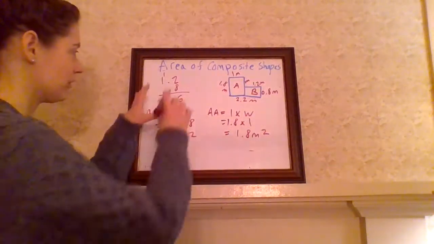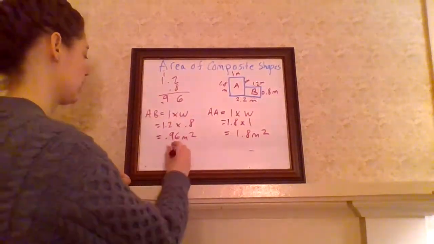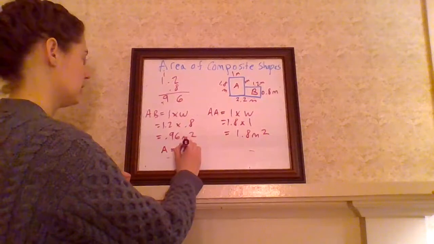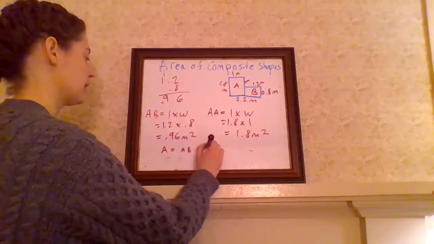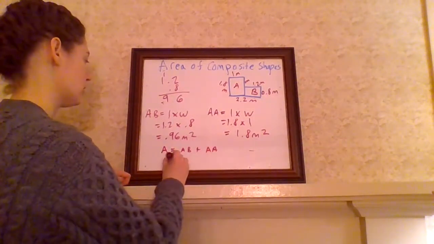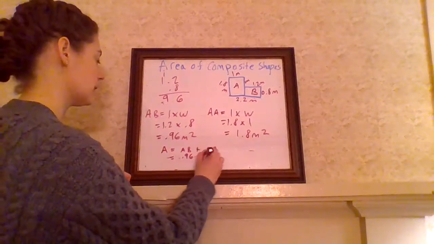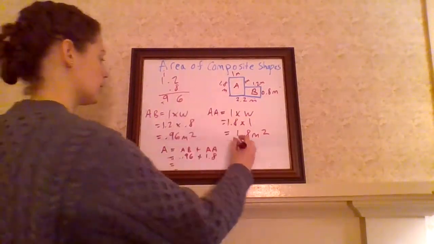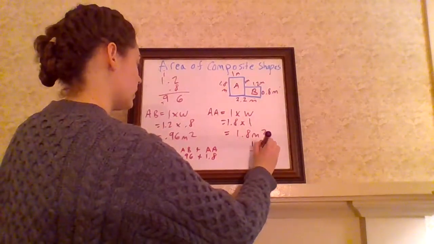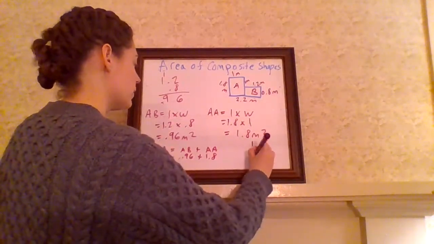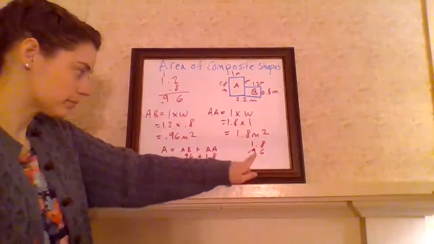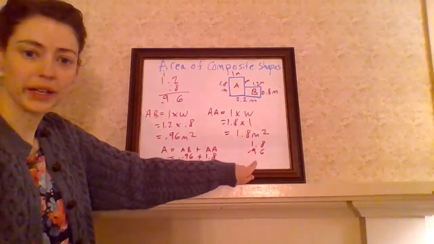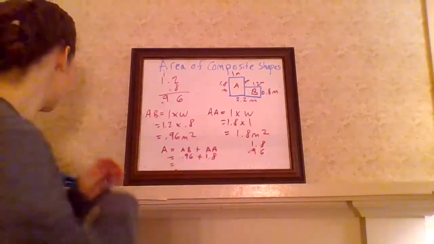Now for the whole area of the whole shape, we have to add the area of B plus the area of A, which is 0.96 plus 1.8, which is, let's put this over here, 1.8. Now, tell me what I'm doing wrong here. What is the problem there? I have not lined up my decimals.